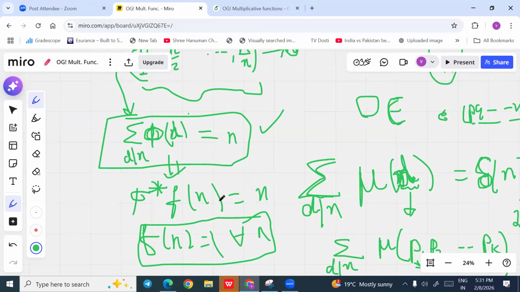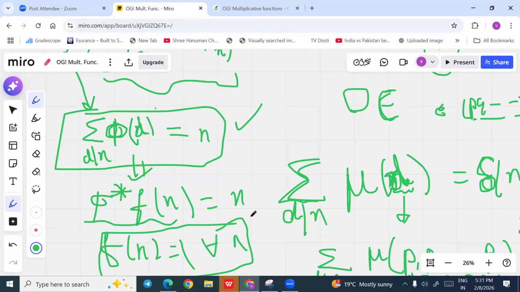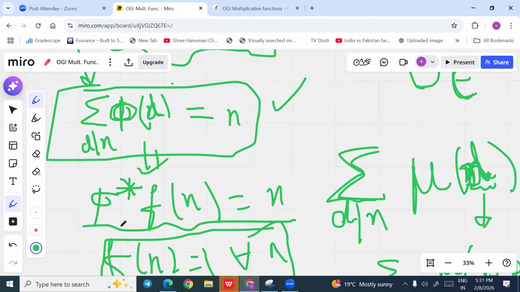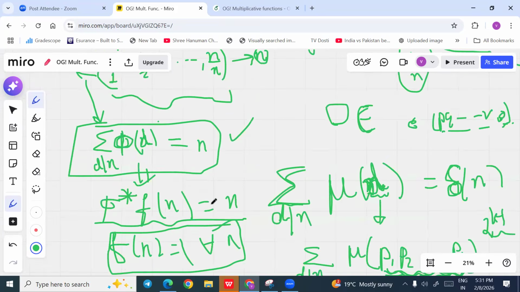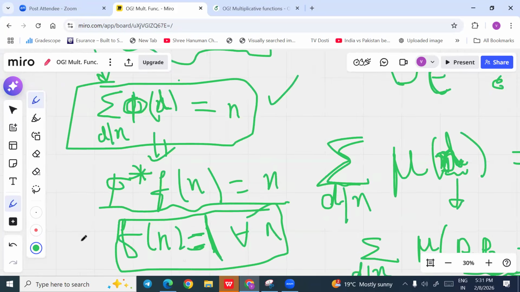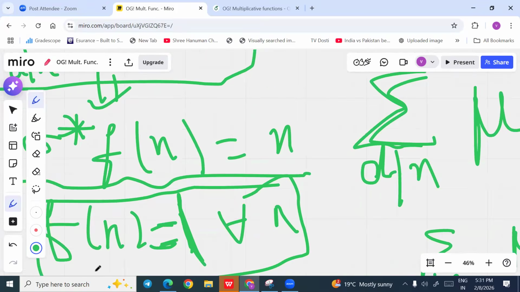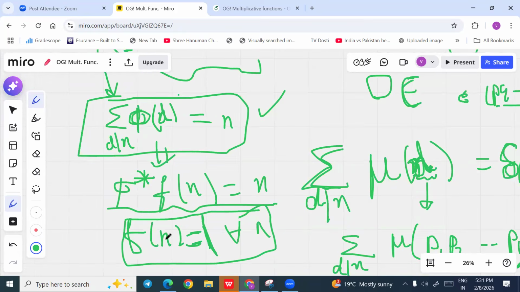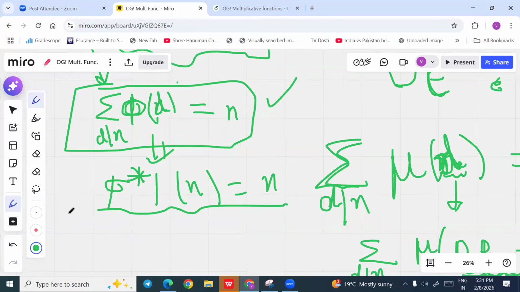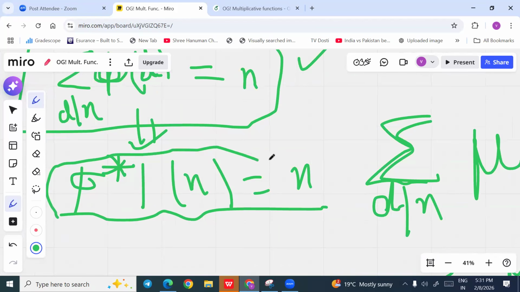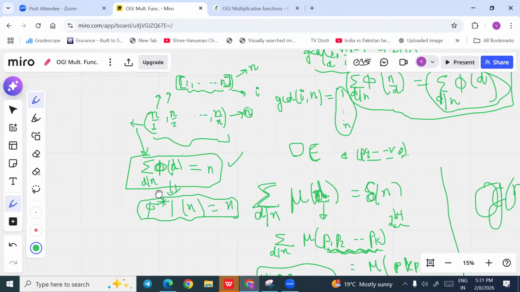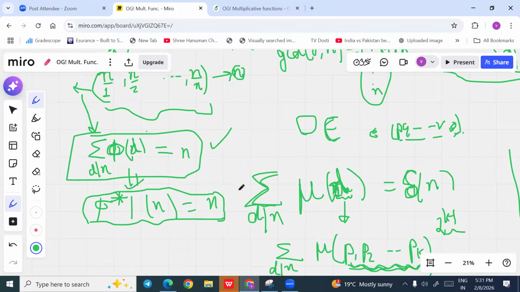This f of n equal to 1 is a very special function in this lecture, so we'll denote it by 1 of n. So 1 of n is just 1. I'll replace f by 1. So it says that the Dirichlet convolution of phi with 1 is n. And over there, we proved this thing as well.